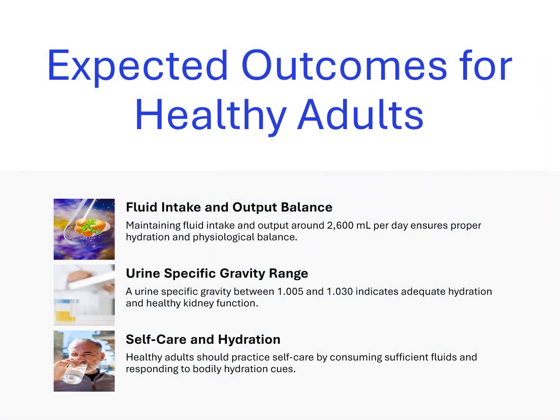Okay, so expected outcomes for healthy adults. Another word for that would be your goals, what you hope the outcome for that client's health concern would be. So for healthy adult patients, expected outcomes related to fluid, electrolyte, and acid-base balance include maintaining the approximate balance between the fluid intake and the output.